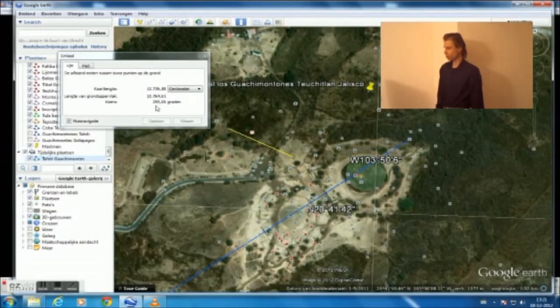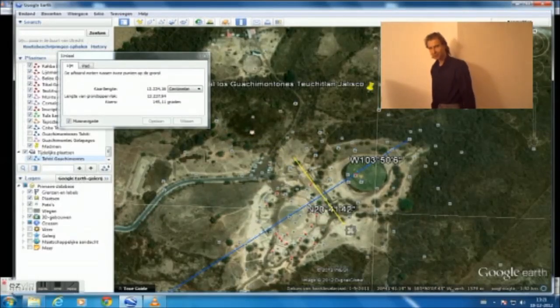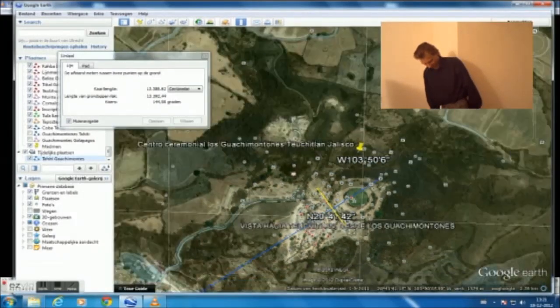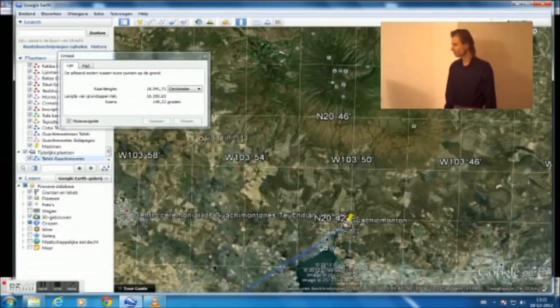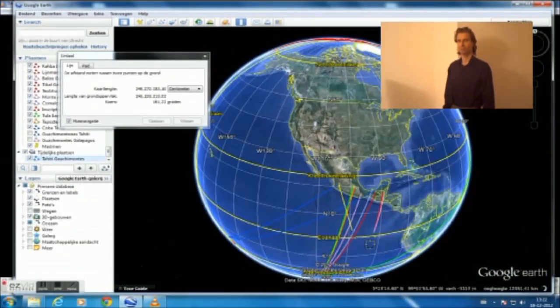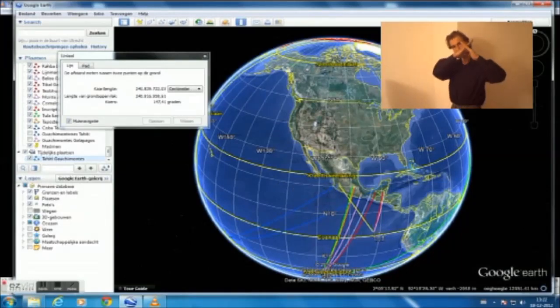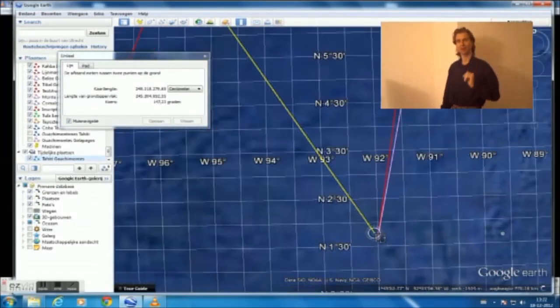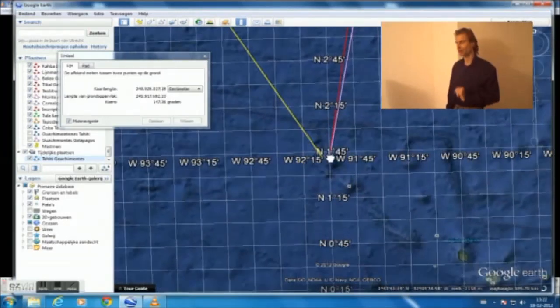Maybe you scientists are saying now, okay, that line is going back to Easter Island for sure. No, even better. That line at 90 degrees to Tahiti is crossing exactly the line to the Galapagos Islands and Darwin Island.